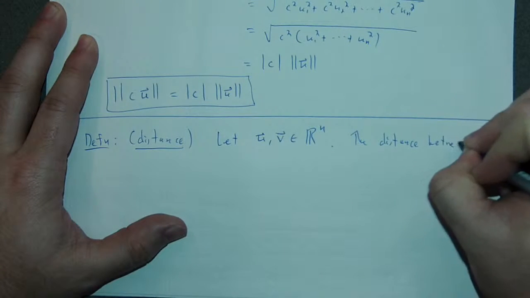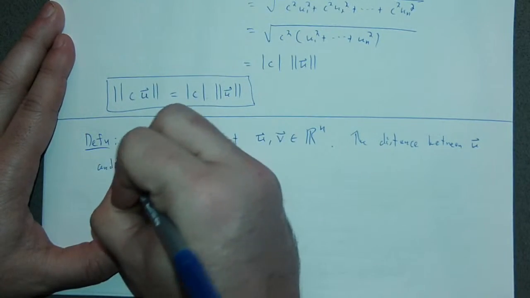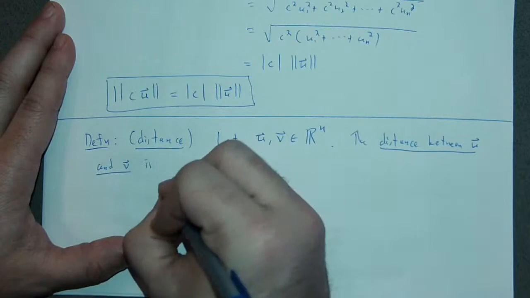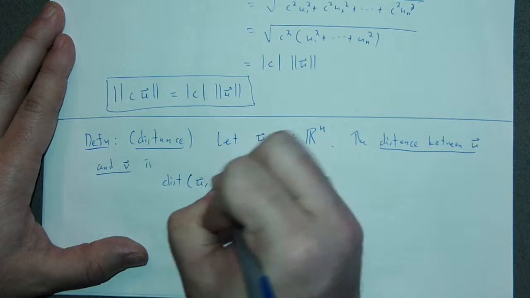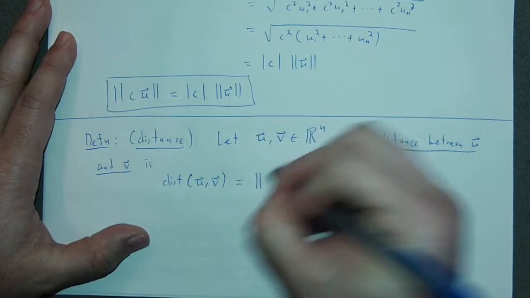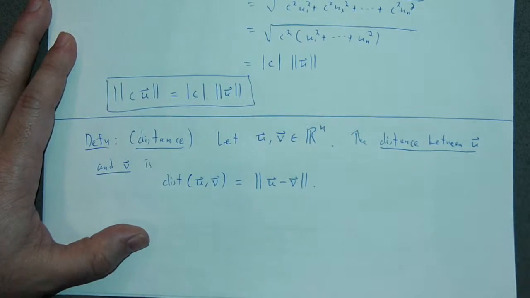So the distance between u and v is the following. This is the length of u minus v.